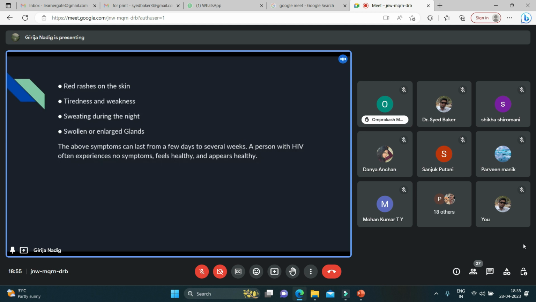During late stage HIV infection, the risk of developing a life threatening illness is much greater.